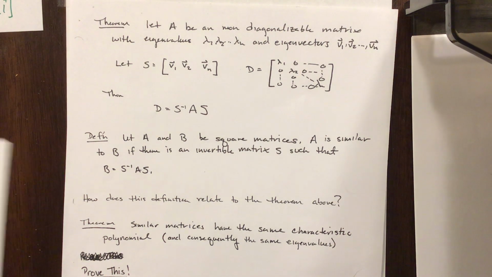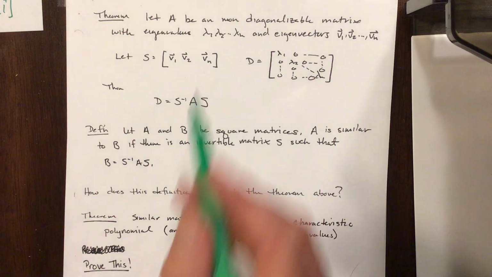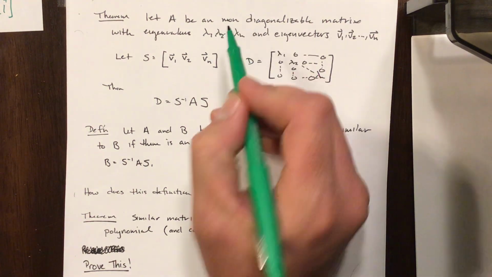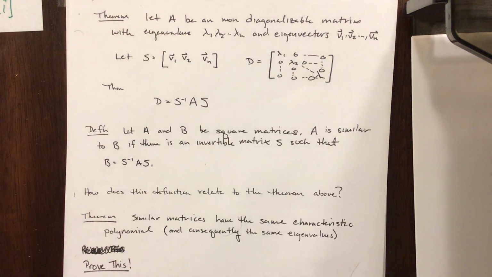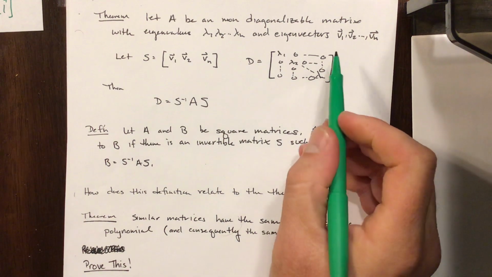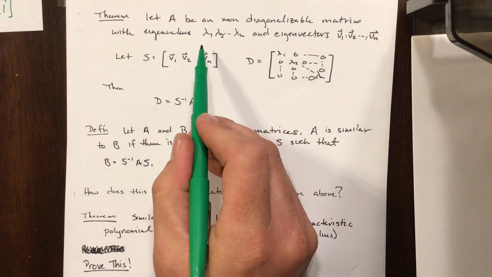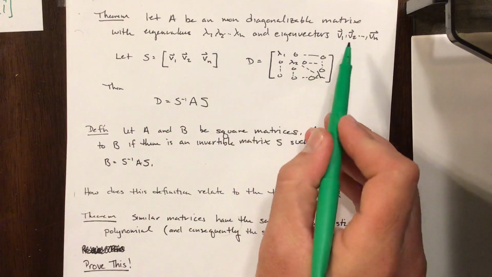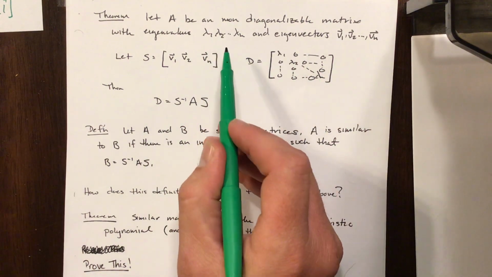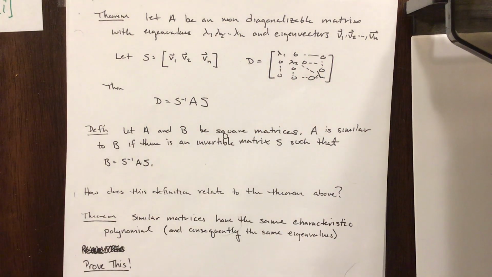Let A be an n by n diagonalizable matrix with eigenvalues lambda 1, lambda 2, all the way up to lambda n, and eigenvectors v1, v2, up to vn. Of course, eigenvector v1 corresponds to eigenvalue lambda 1, eigenvector v2 corresponds to lambda 2, and so on.